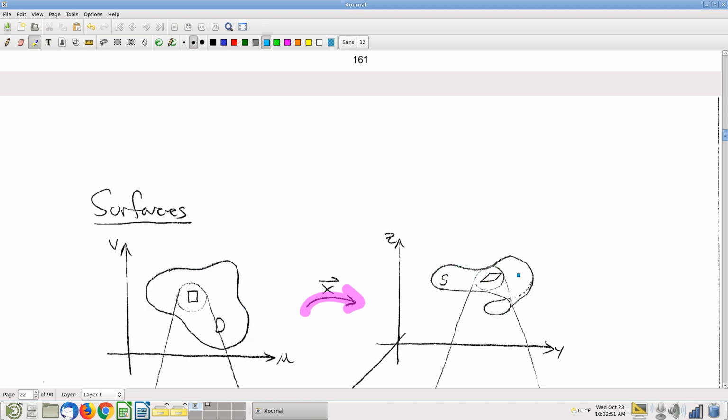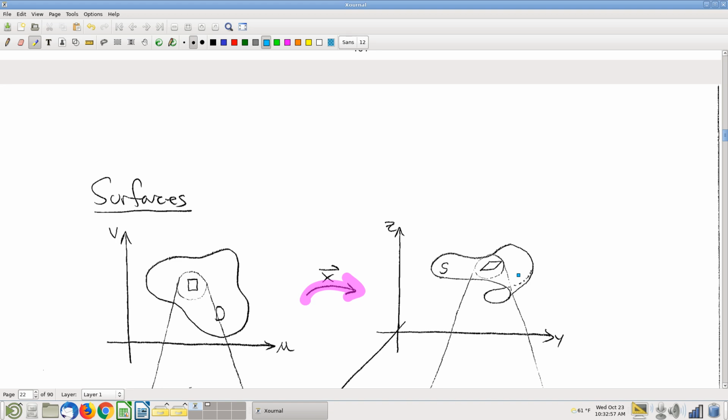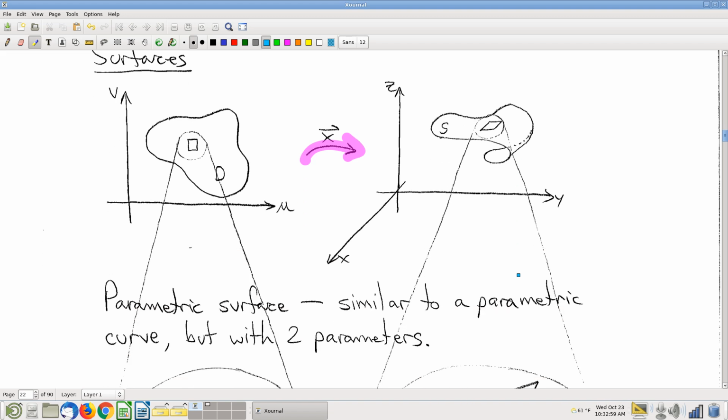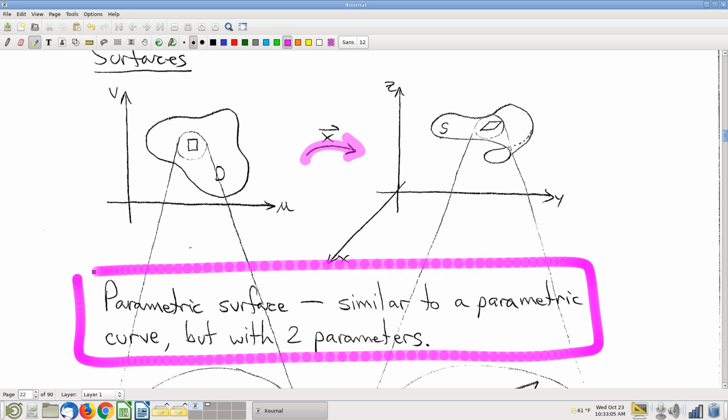Question, how do we find such a function? How do we view a surface as being the image of something? This too is called a parameterization. It's just now we call it a parametric surface instead of a parametric curve. But it remains that we're viewing our end result, the thing we're interested in, as an image.